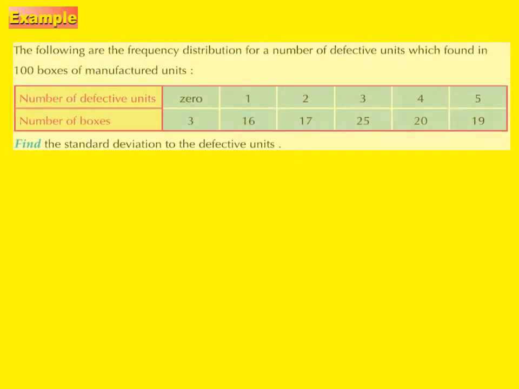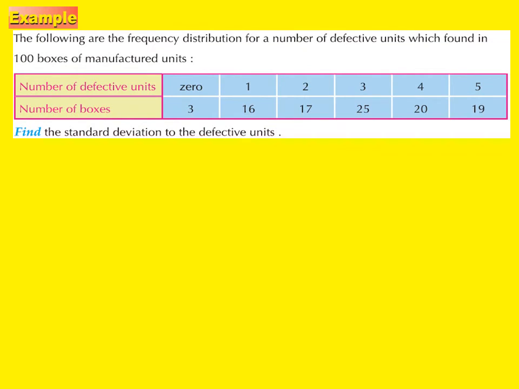Example: the following is the frequency distribution for the number of defective units found in 100 boxes of manufactured units. Find the standard deviation of the defective units.